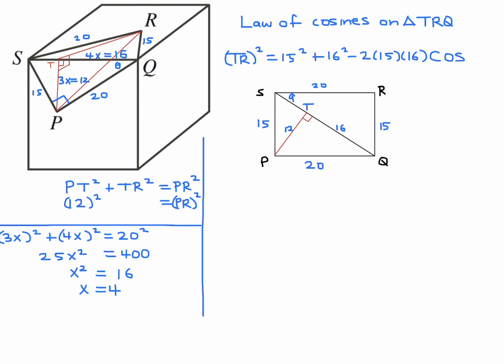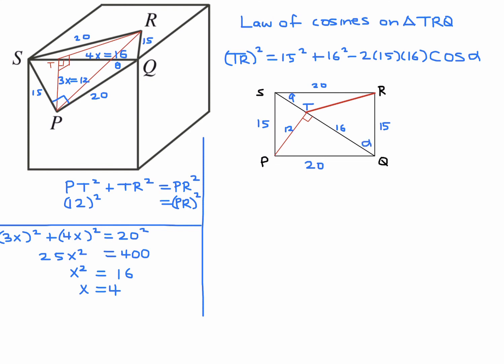Remember, I've got to put cos of some angle. So cos x, right? Or whatever you want to call it, alpha, some angle. But that angle, I wanted to draw it on this flat diagram. Since I'm interested in figuring out TR, there to there, the angle that I'm really looking at will be labeled right here.